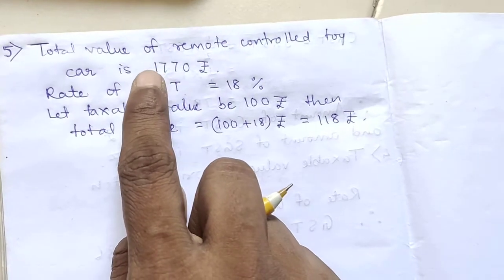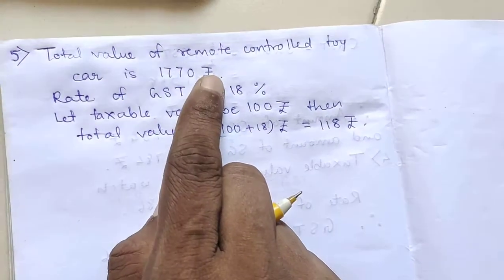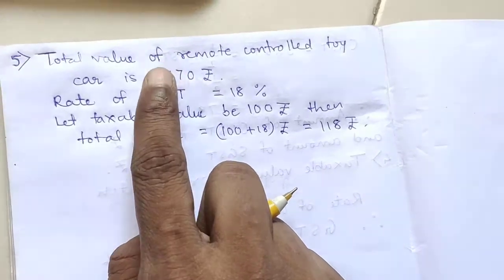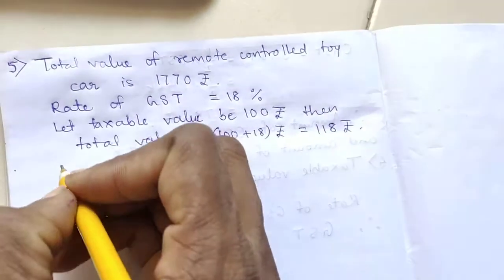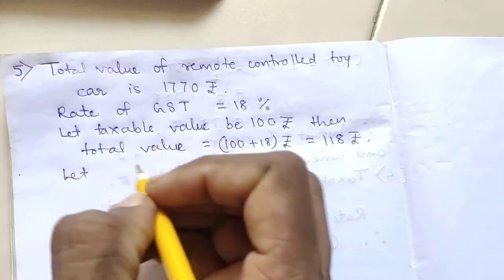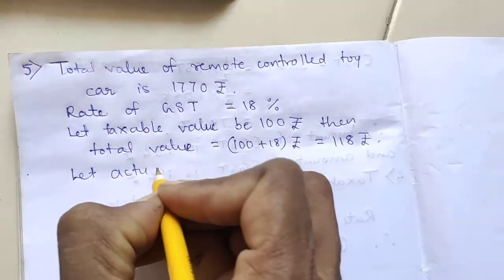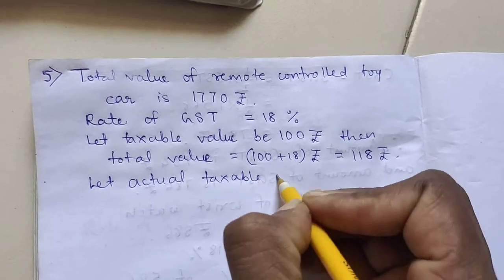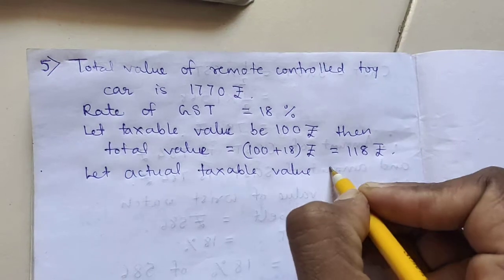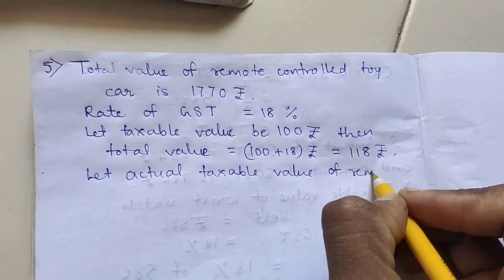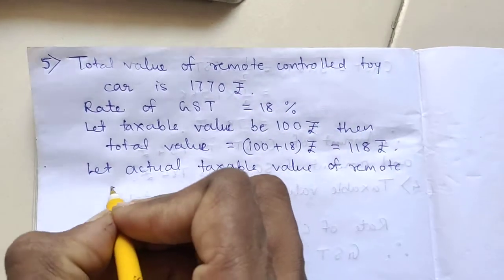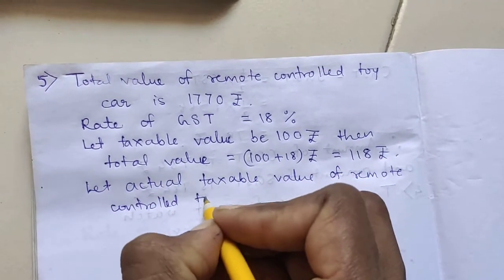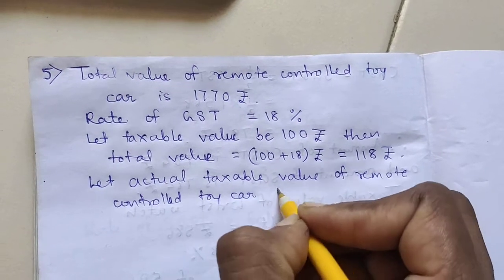Now we know the total value of the remote controlled toy car, and we want the taxable value of the remote controlled toy car. So let us consider that amount to be X. Let the actual taxable value of the remote controlled toy car be X rupees.